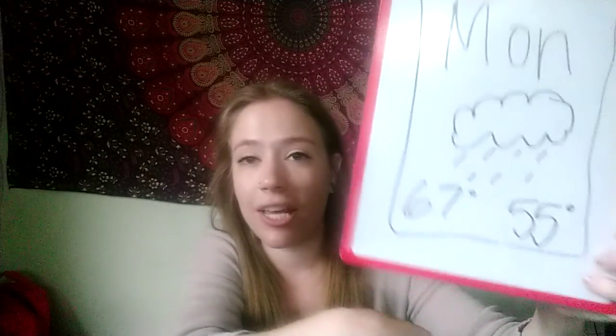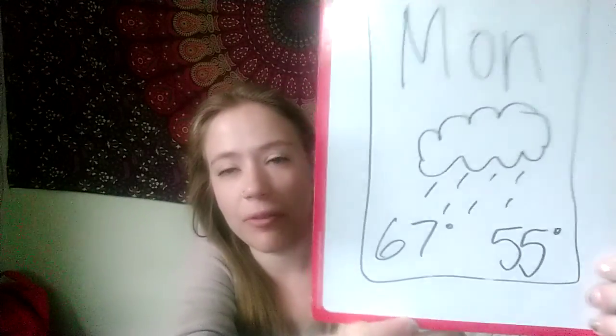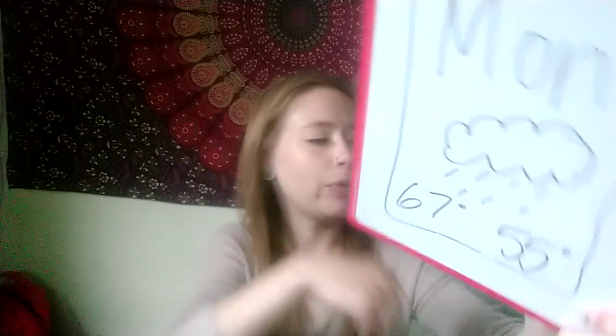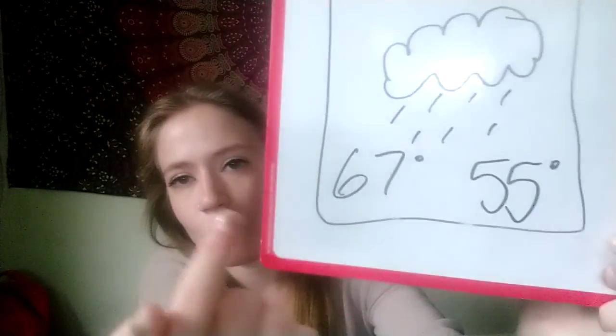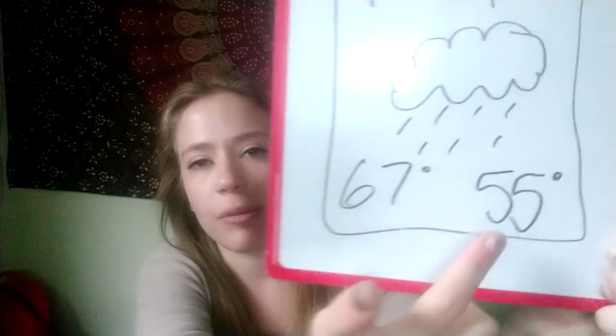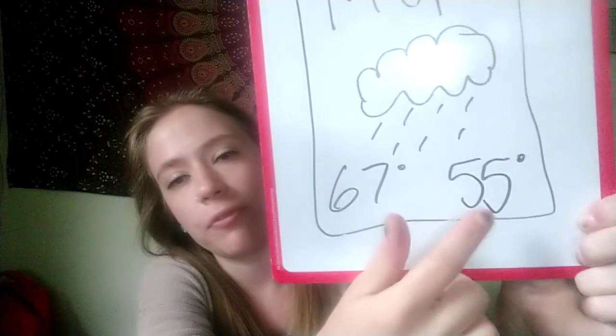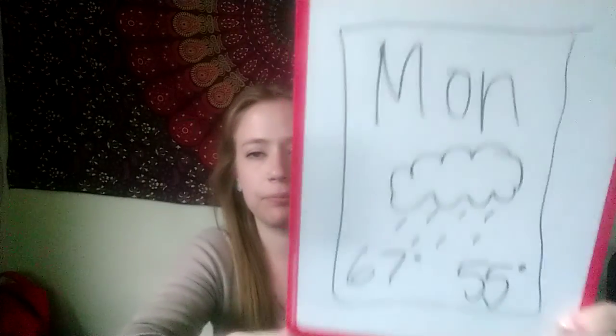So what I was going to say is 67 and 55 are pretty close to each other. So we're going to do a math problem because that's what teachers do. We make you learn in all aspects of things. But my first question before we go do that is, which of these temperatures is going to be our highest expected temperature today? 67 degrees or 55 degrees?